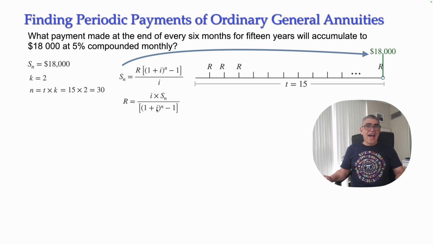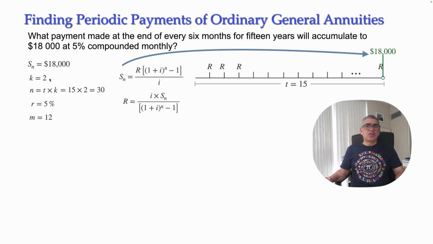And to compute I, we need to take into account the rate of interest. The nominal rate of interest is 5% compounded monthly, so compounded 12 times per year. You notice here immediately that K and M, the number of payments and the number of conversion periods per year, are different.